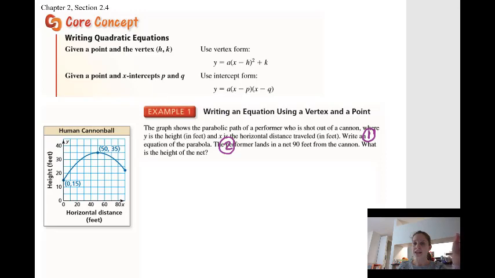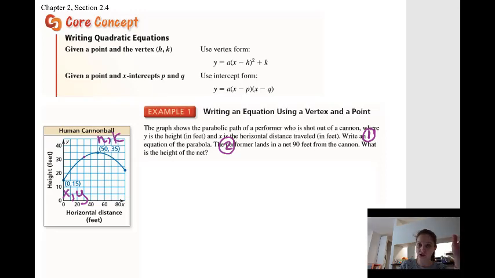So we're either going to use x-intercept form or vertex form. And looking at this graph, we have the vertex, we have the h, k value, and we have a point, x, y. It's best to use the points that they give you. You don't want to look at this graph and say, oh, maybe that's a point and estimate it.